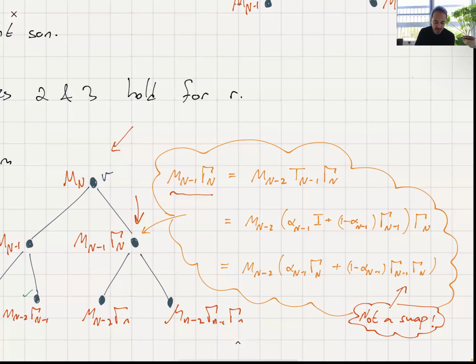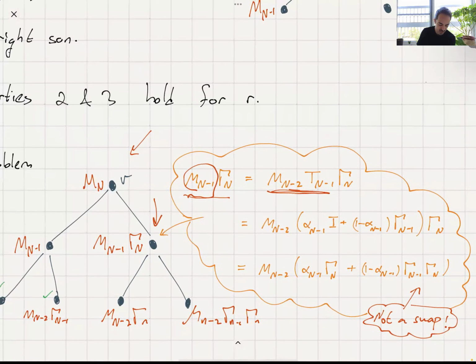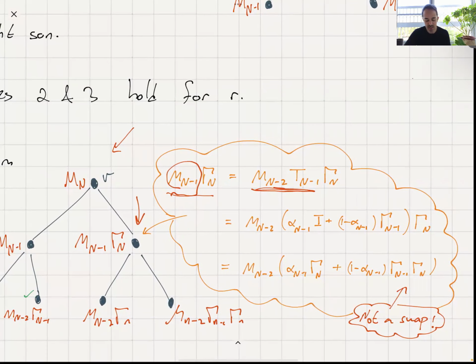So m n minus 1 times gamma n is, well, m n minus 2 times t n minus 1. That's just this thing, like we used here, essentially, times t n minus 1 times gamma n. And then, what is t n minus 1? So it's a random swap. So it's some number times I plus 1 minus that number times gamma n minus 1. And you still carry on this gamma n.